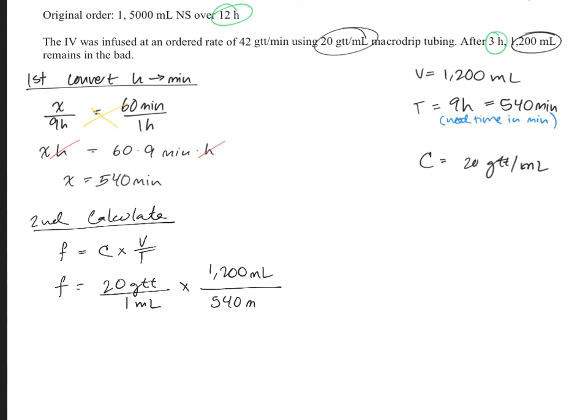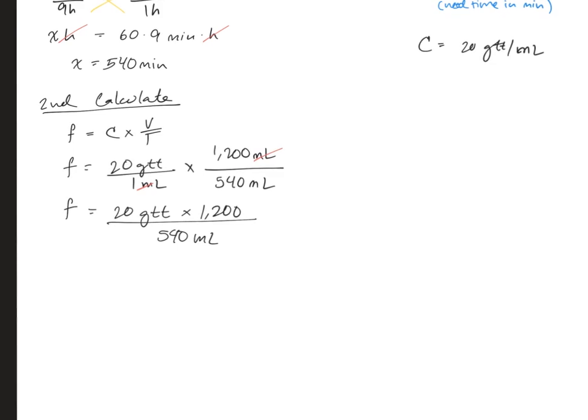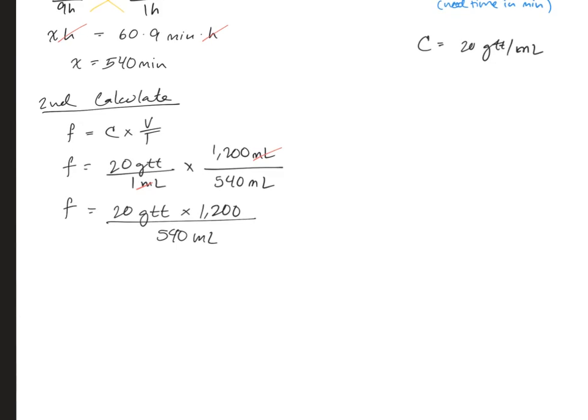For this formula, we need it in minutes. When we do that, does anything cancel? Well, we actually have milliliters here. We can just go ahead and cancel these two with each other. F equals 20 GTT times 1,200 all over 540. Let's just simplify some of the zeros out.